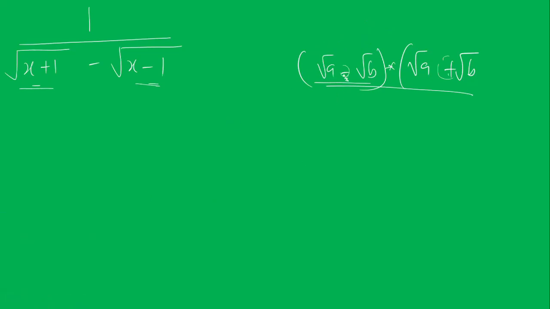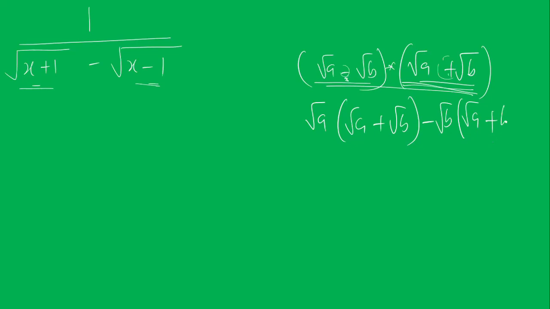If you use the square root of a to multiply this expression, you just use this term to multiply the whole of this, now minus square root of b times the whole of this. If you expand it, square root of a times square root of a will give you a.